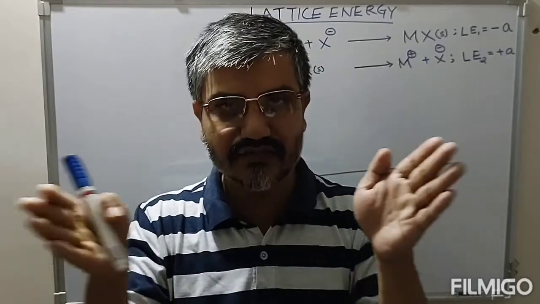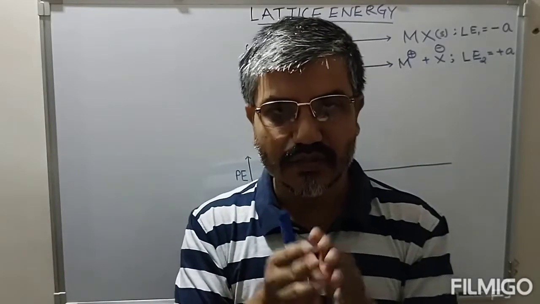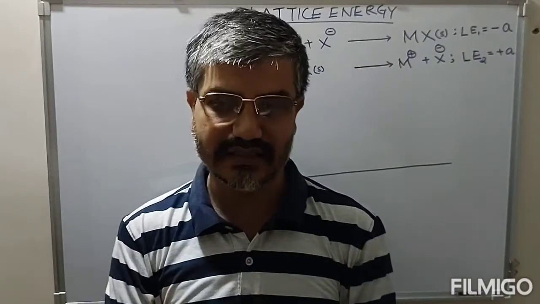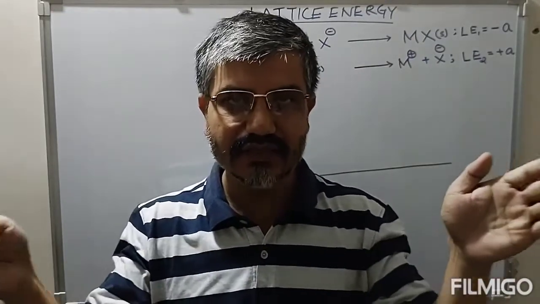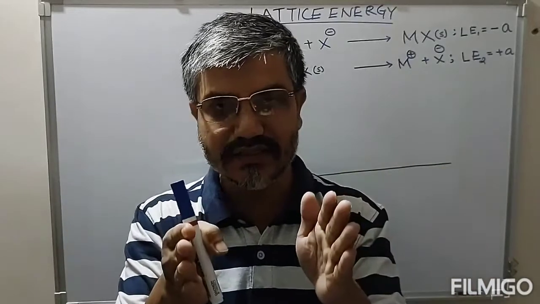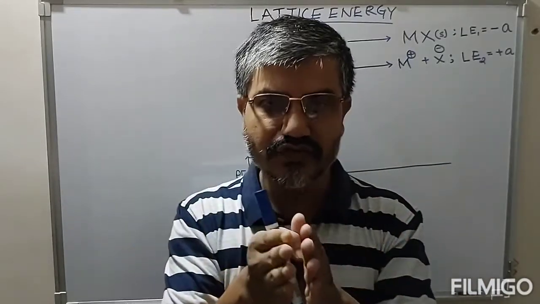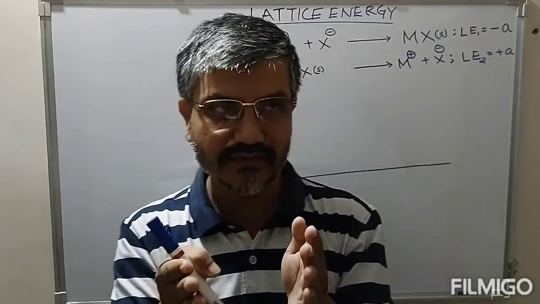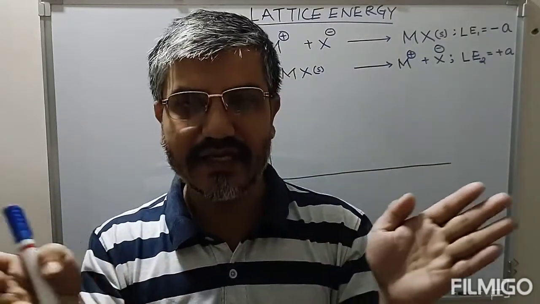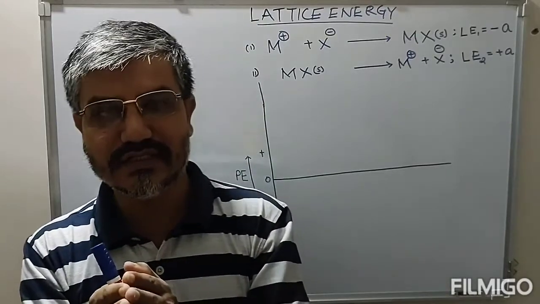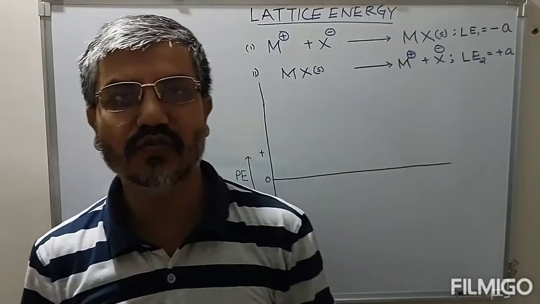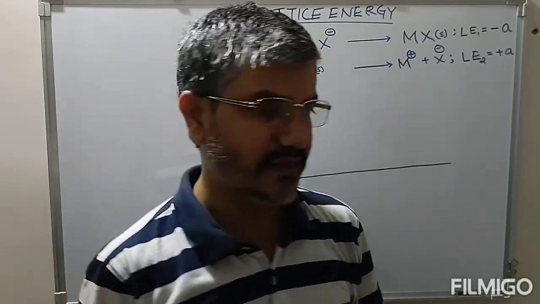As the distance between the ions decreases, the attractive force, that is what we call the Coulombic force of attraction, will increase. As the attractive force increases, the potential energy of the system will decrease.